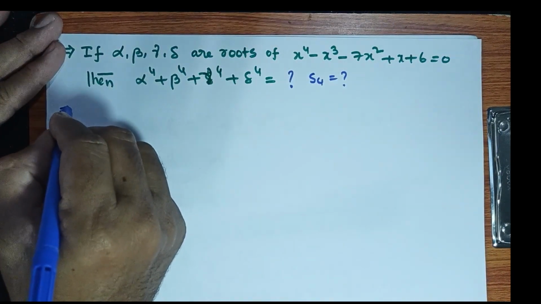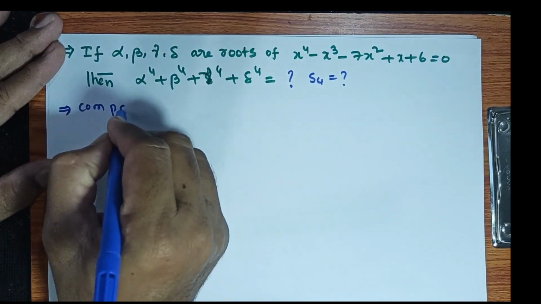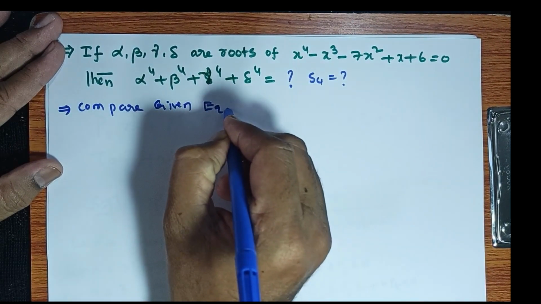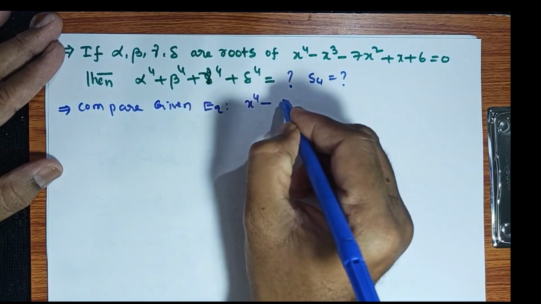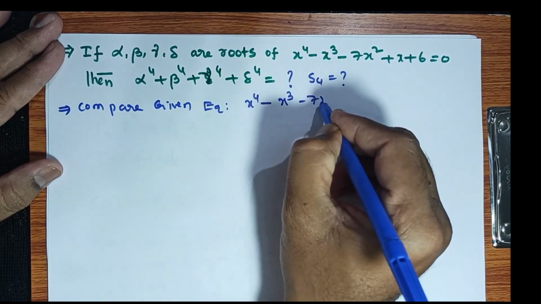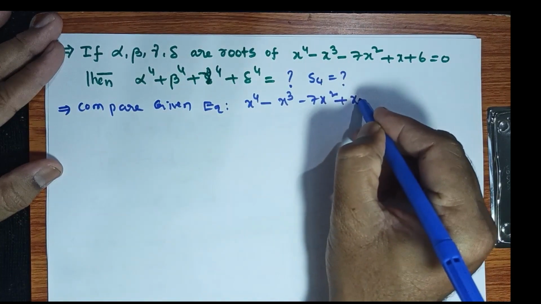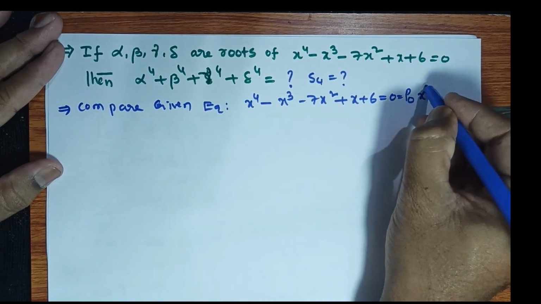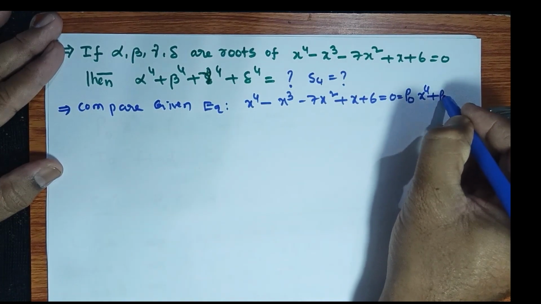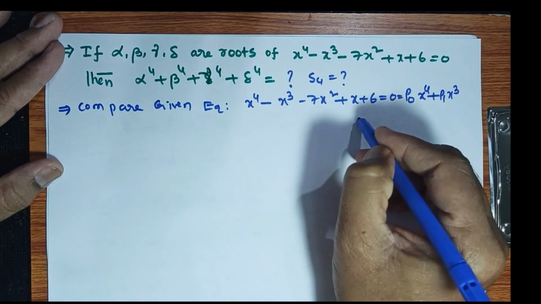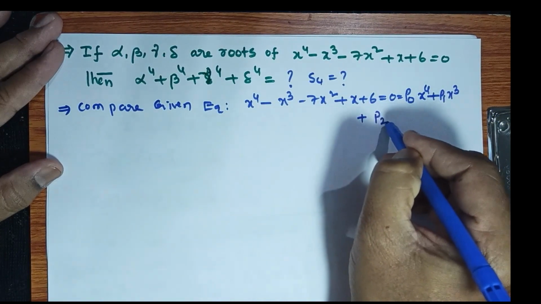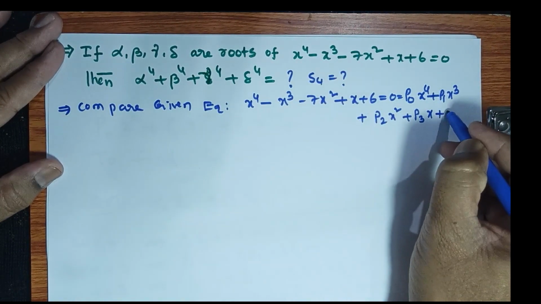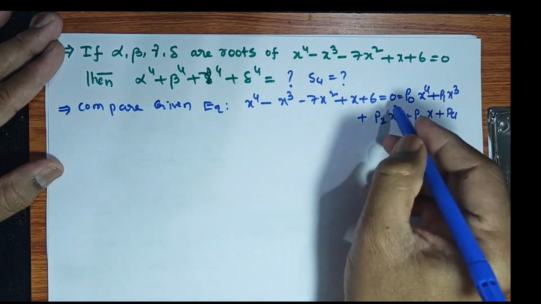The given equation x^4 - x^3 - 7x^2 + x + 6 = 0 is compared with P0 x^4 + P1 x^3 + P2 x^2 + P3 x + P4 = 0.